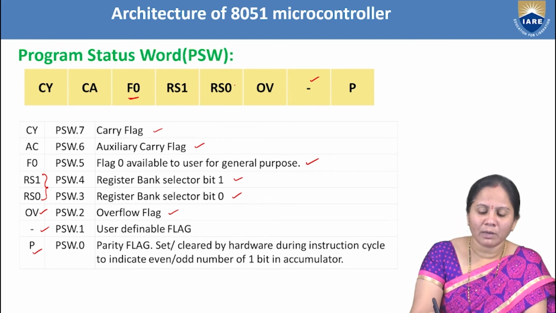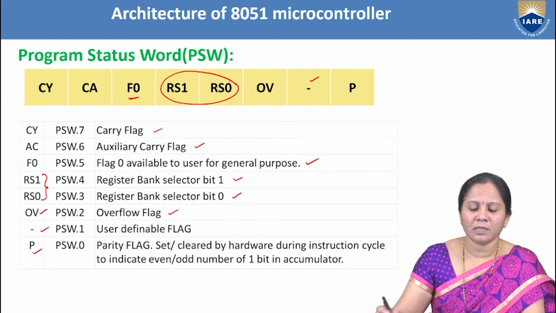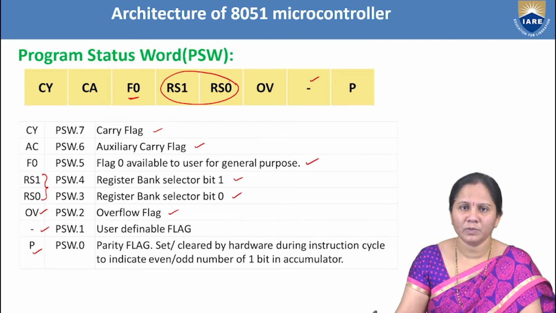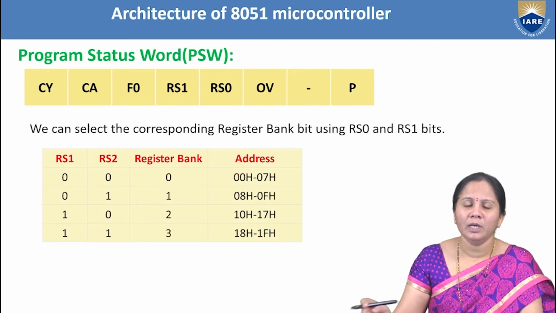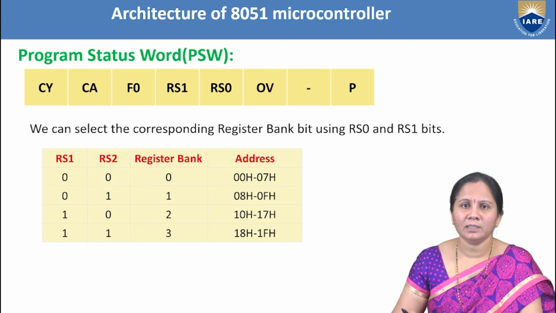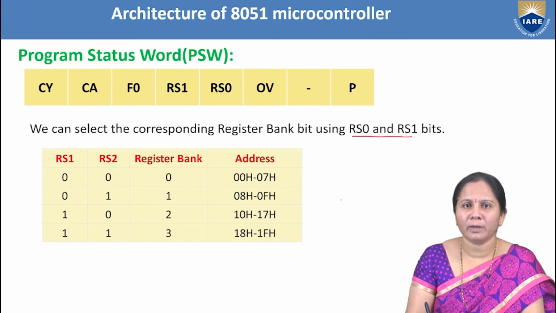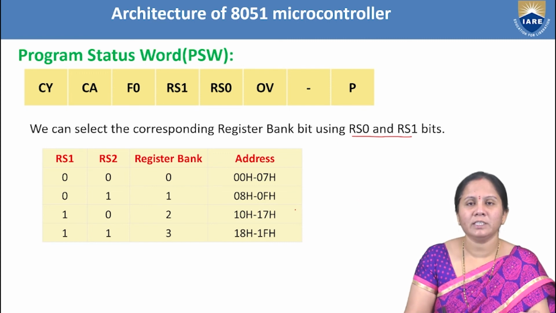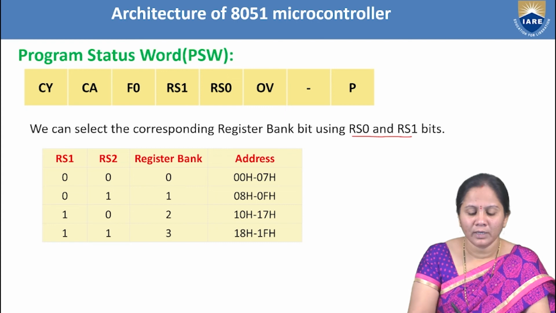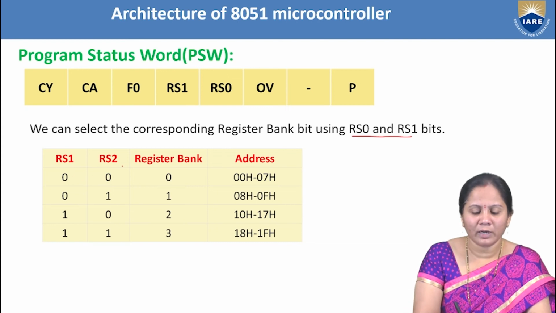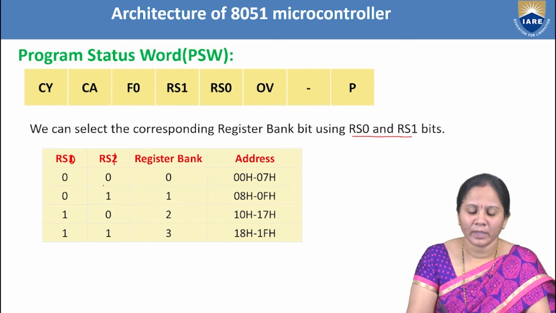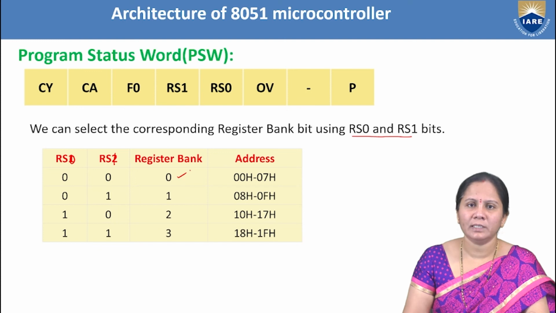Now coming to these 2 bits, RS0 and RS1, which are available in the PSW, they are used for selecting the register banks. So by using these 2 bits of the program status word, that is the flag register, if RS0 and RS1 are 0, 0, register bank 0 will be selected.